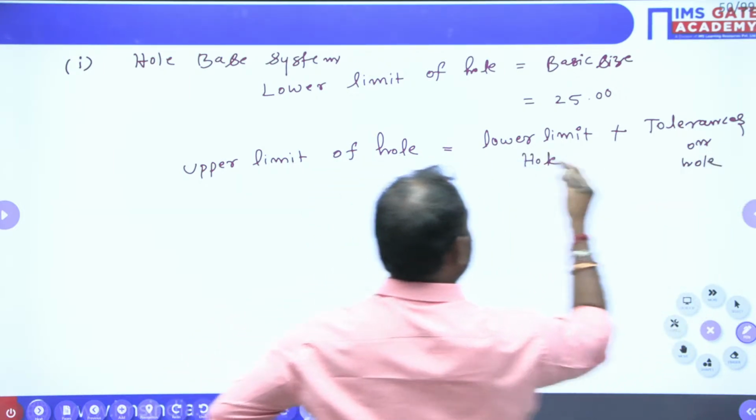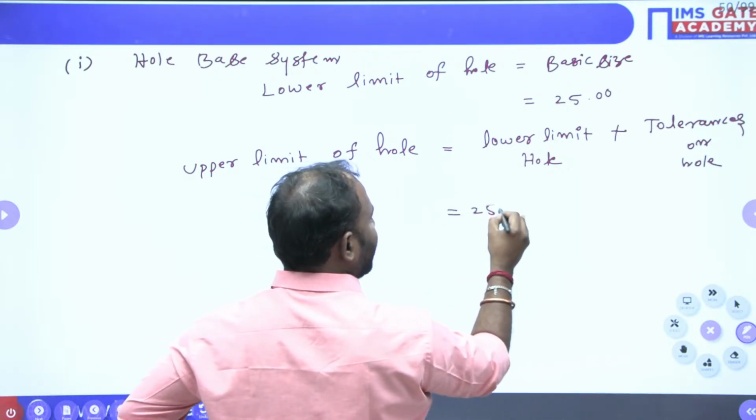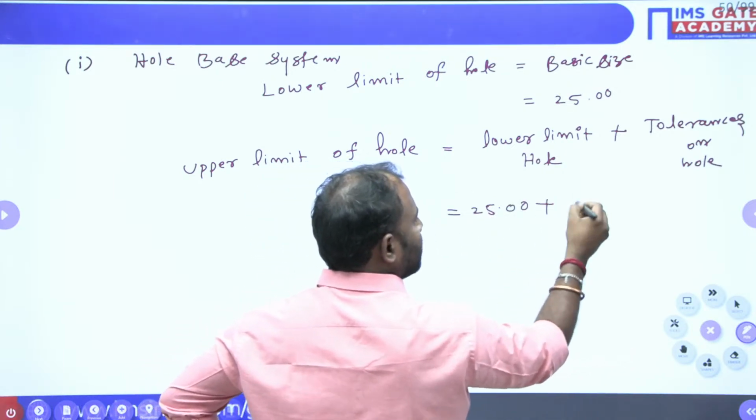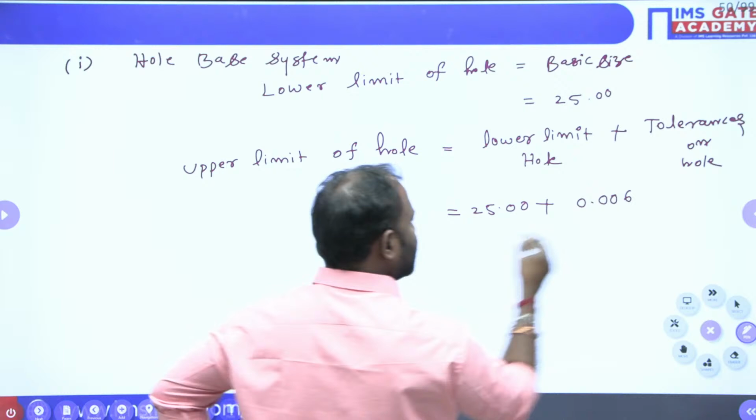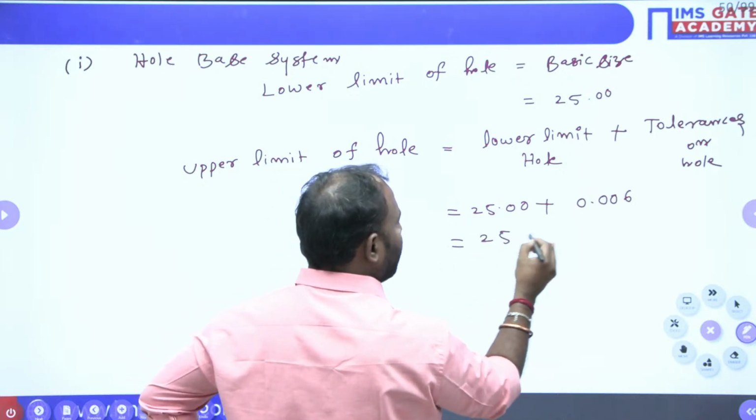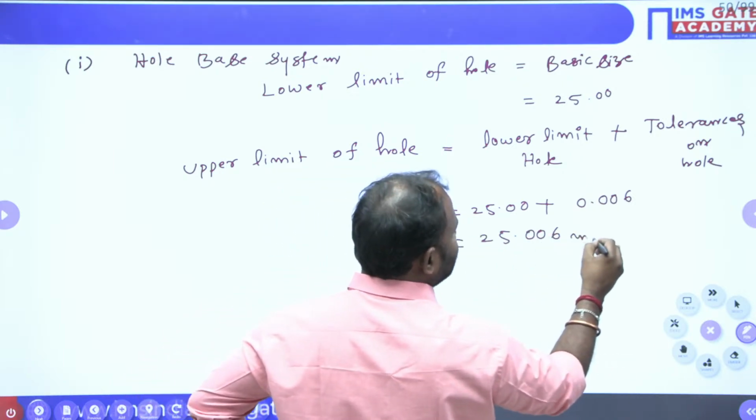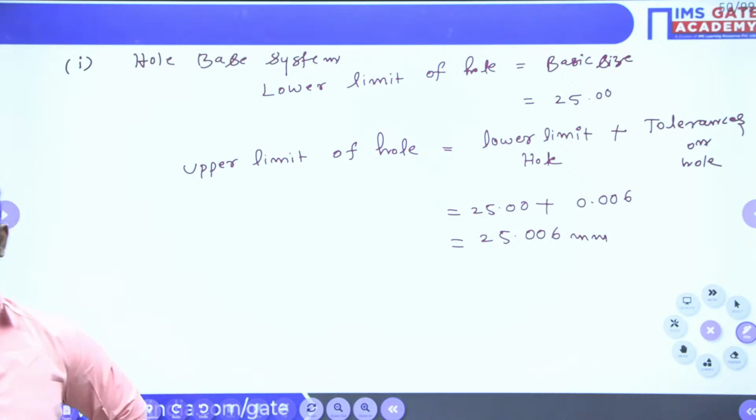Okay, right. So now lower limit is 25.00 and the tolerance on the hole is 0.06, so that it is going to be 25.006 mm is the hole dimension.